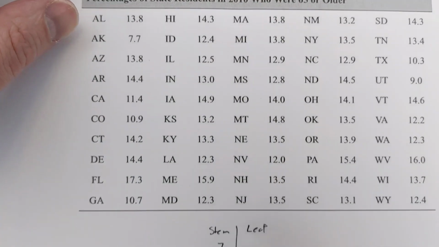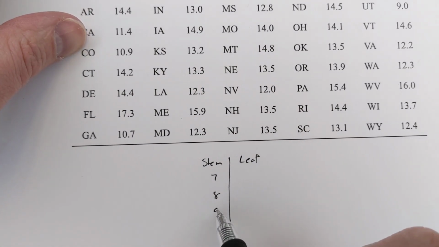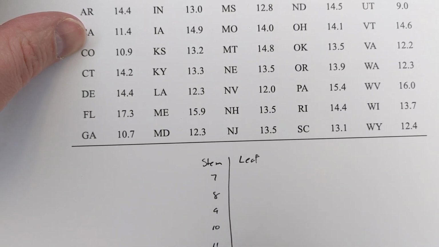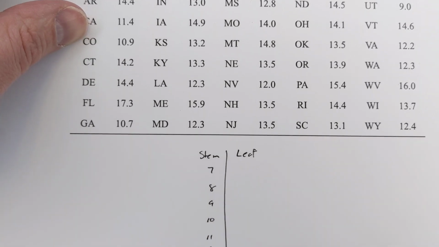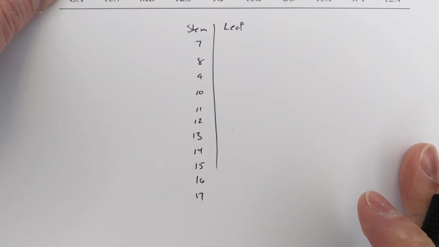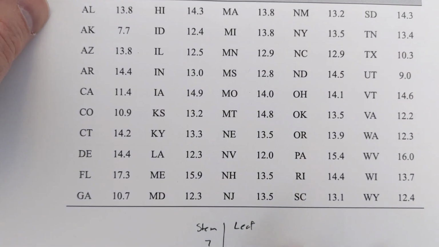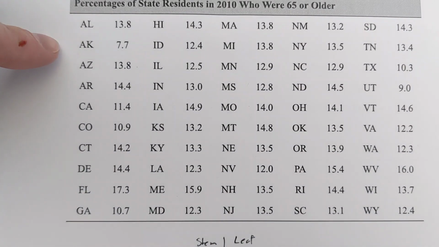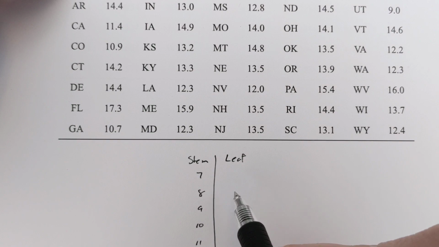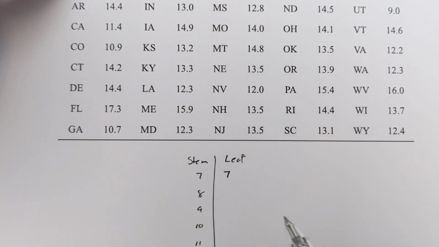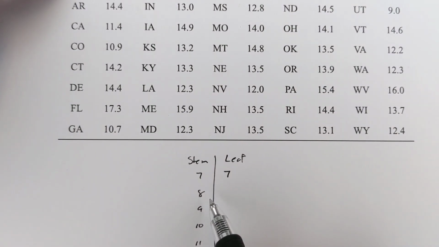So 7, 8, 9, 10, 11, 12, and I think the biggest one, 13, 14, 15, 16, 17. So there's our stems. And then the leaves are going to be the tenths place. So for example, for Alaska here at 7.7, its leaf would be 7. Now, there are no states that have 8. There is a 9.0, and 10 has a 10.3, 7, and 9.